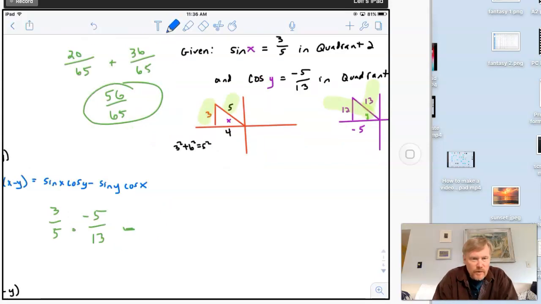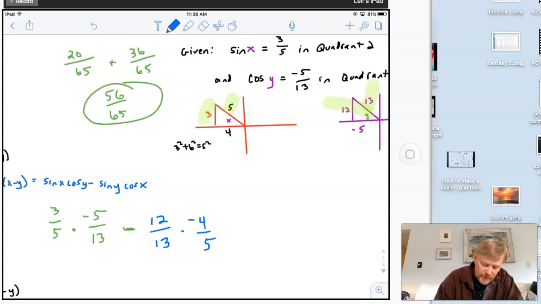I had that written down wrong. Sine of y, cosine of x goes at the end. So sine of y is 12/13. Cosine of x is 4/5, but that's negative because it's in the second quadrant.